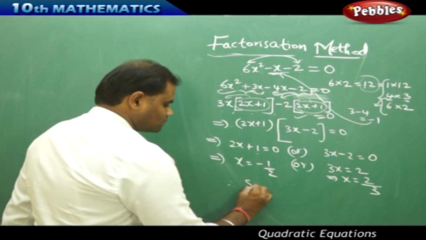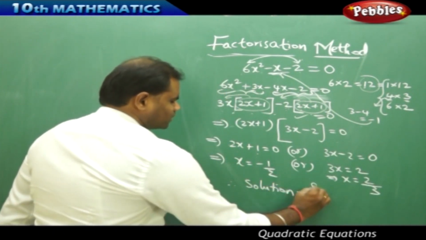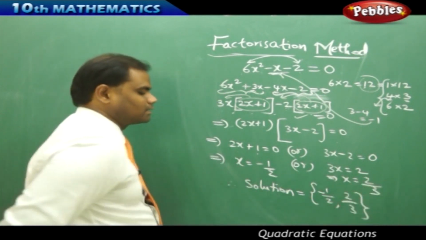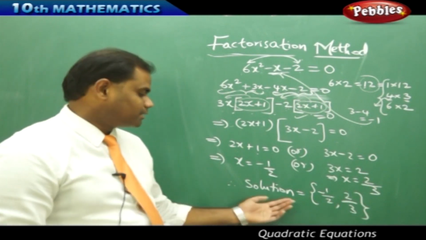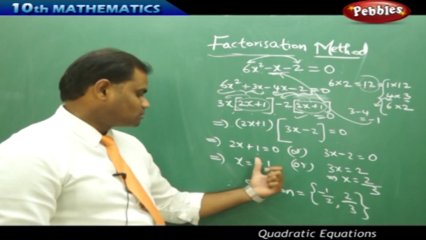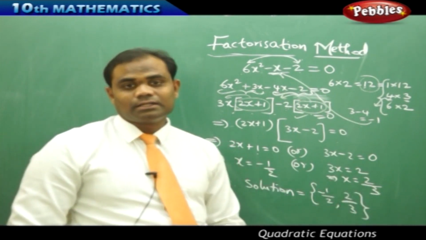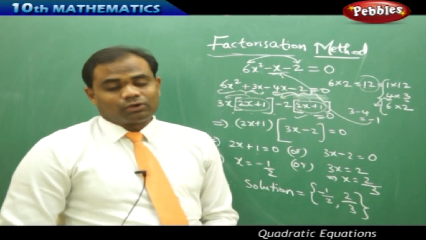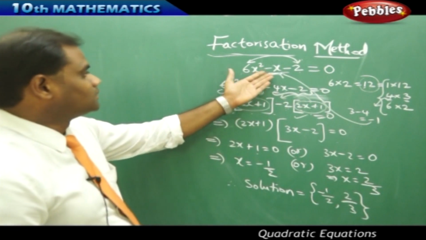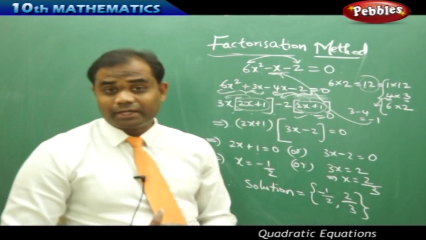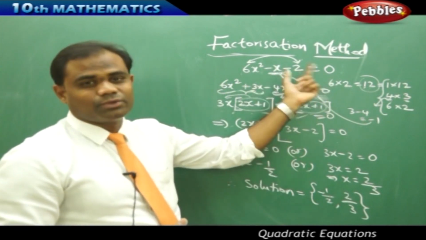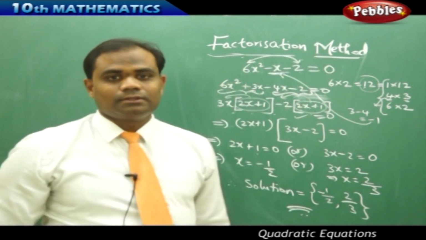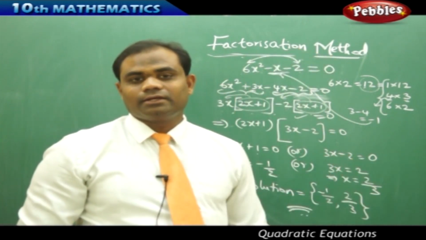Therefore, the solution of the given problem is x equal to minus 1 by 2 and 2 by 3, or x equal to minus half and x equal to 2 over 3 are the required solutions of the given quadratic equation. The equation given as x minus 1 by 3x equal to 1 by 6 was reduced to a quadratic equation and solved using the factorization method, which is how we do it for any quadratic equation.